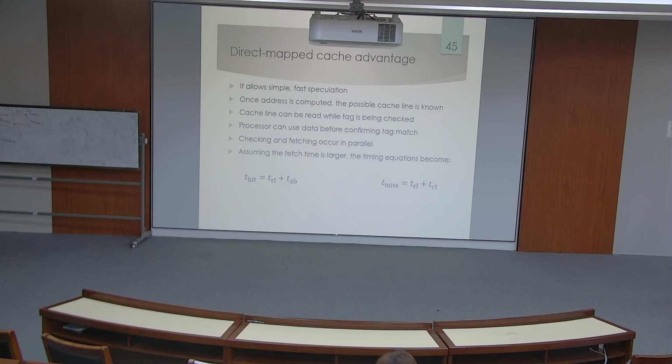That means that once the address is known, there is a possibility that the cache line is also known. So here we have the line number. That means the processor is able to use the data before confirming that there is a match between this tag and the cache memory's tag.